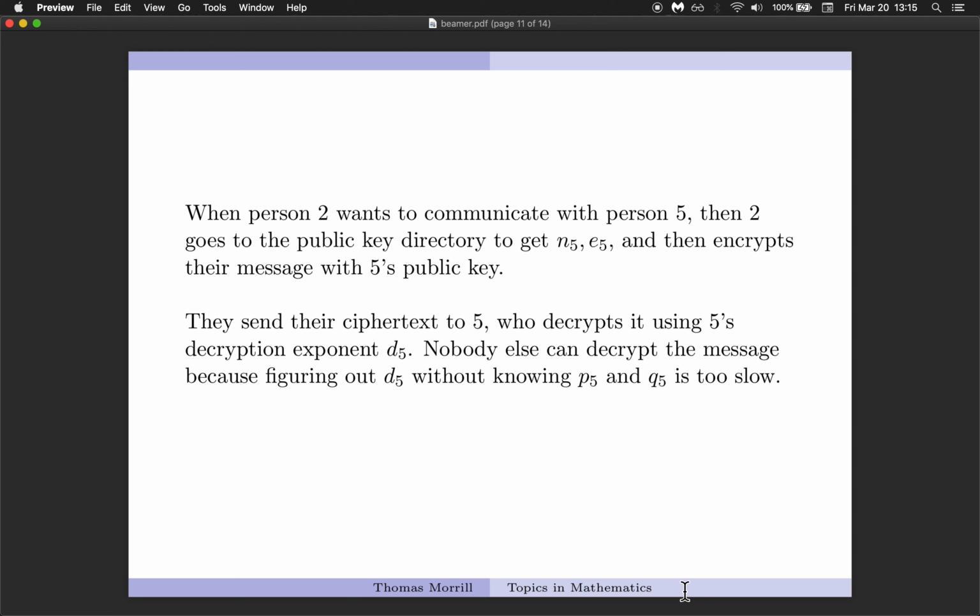These are exactly the numbers that are required to encrypt a message in person number 5's public key crypto system. So since 2 has that information, they can encrypt their message with 5's public key. They get some ciphertext that is complete nonsense to a random person. And since person number 5 has the decryption key, D5, person number 5 can then decrypt the message and get the original plain text that person number 2 wanted to send.